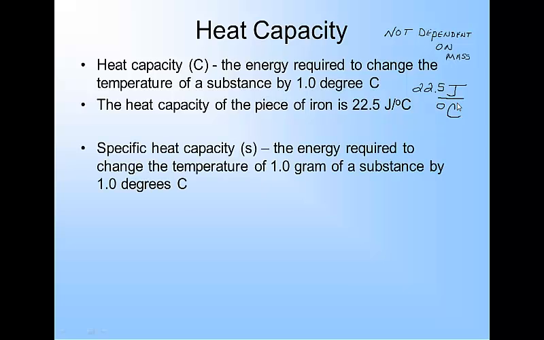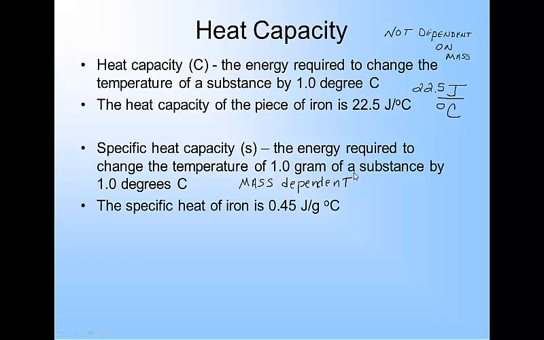Specific heat capacity you are familiar with. You did this in first year chemistry. Specific heat capacity is mass dependent. The symbol for specific heat capacity is S. The definition of specific heat capacity is the energy required to change the temperature of 1 gram of a substance 1 degree Celsius.